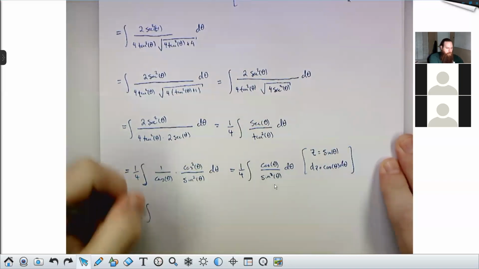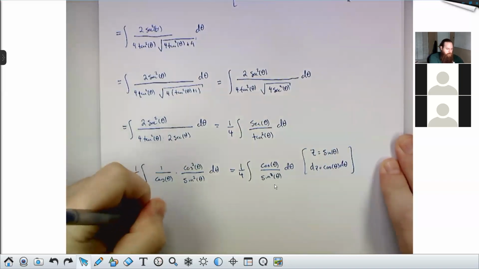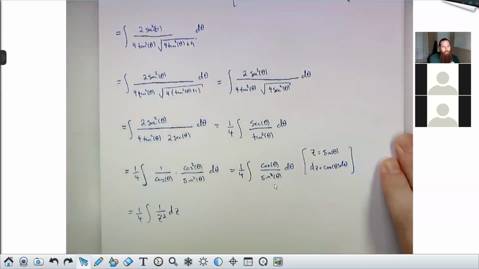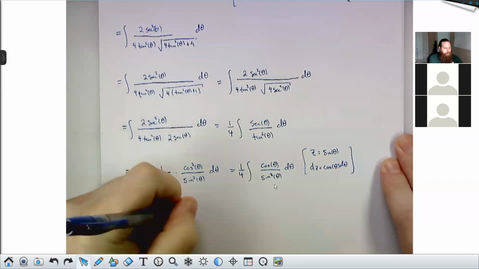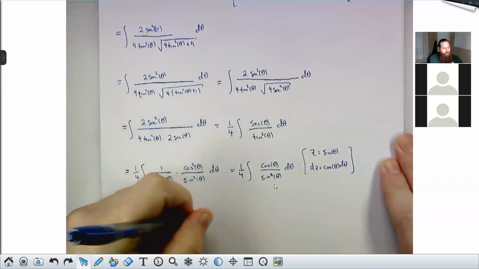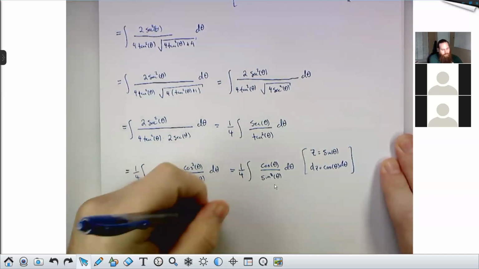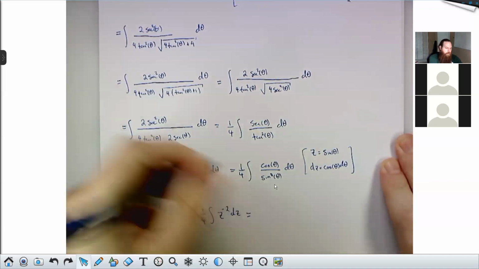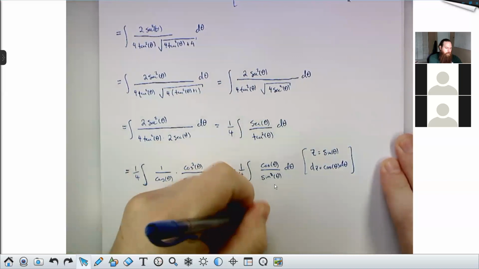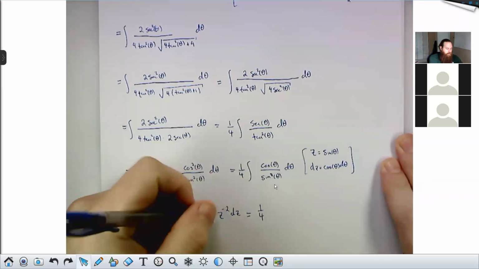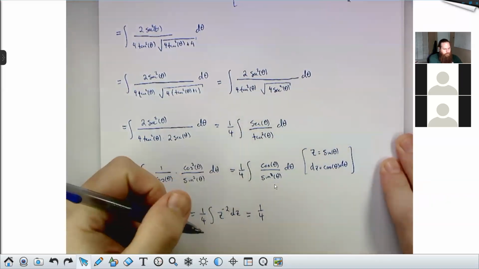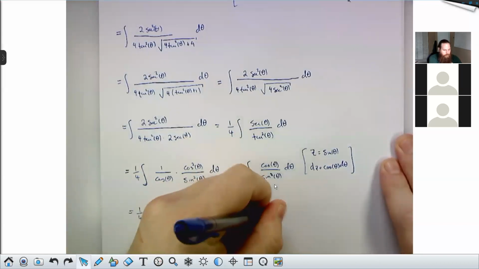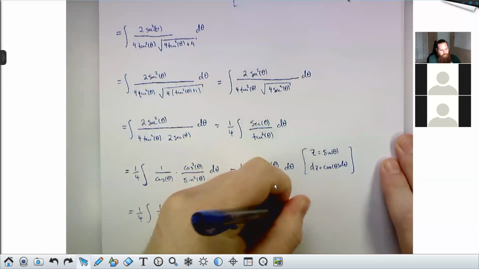So I'll get integral 1 over z squared dz, which is the integral of z to the negative 2. So that would integrate to negative z to the negative 1. So I'll have negative 1/4 times 1 over z plus a constant.